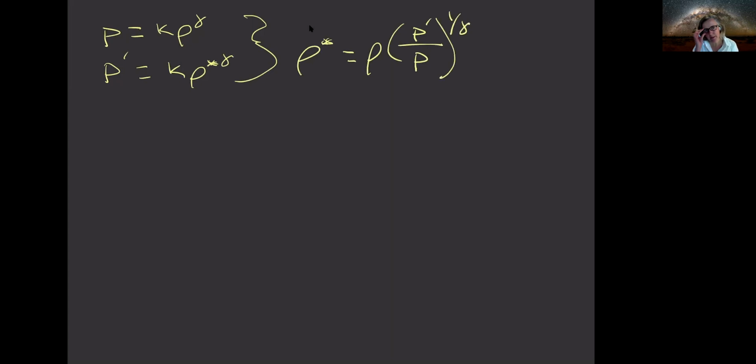We can combine these two equations to say that the perturbed density is equal to the initial density times the ratio of the pressures, the pressure at the perturbed position over the initial pressure, to the 1 over gamma power.